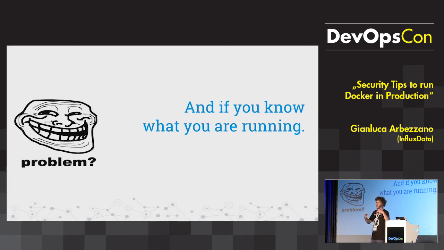We need to do some research and understand where that application is writing, where it is reading from, what it expects, which port it is using, dependencies and stuff like that. Sometimes it's also hard to know for the application that we are writing, because maybe it's so big and so old that we don't know what it's doing and where it's writing. But that's the main concern that I have. If you're going to close your container really tight with AppArmor and all these kind of tools, you need to know what you're running.